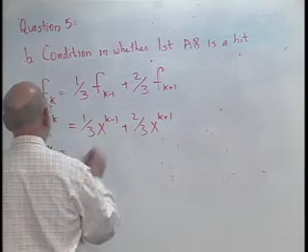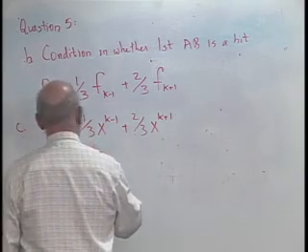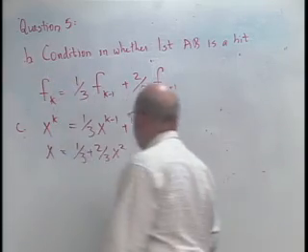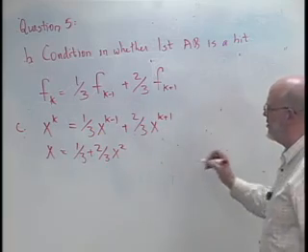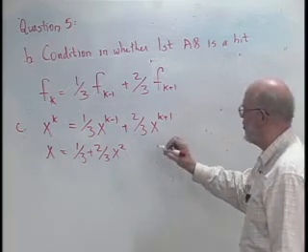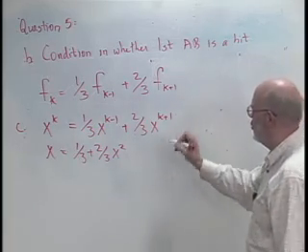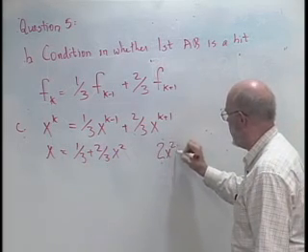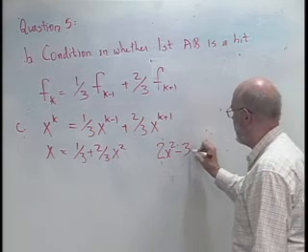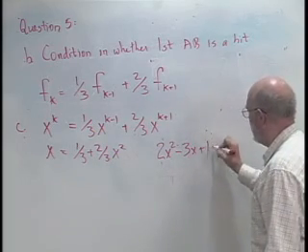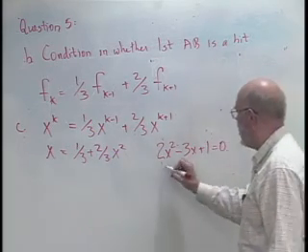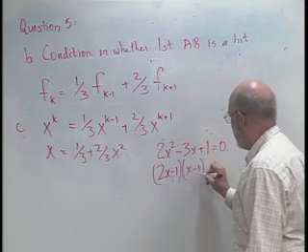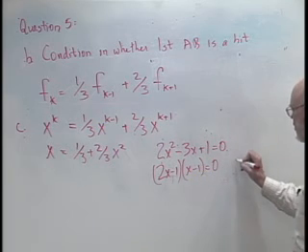So we have x equals 1/3 plus 2/3 x squared. If I write this in more conventional form by multiplying through by 3 and collecting terms, I get 2x squared minus 3x plus 1 equals 0, which factors into 2x minus 1 times x minus 1 equals 0.